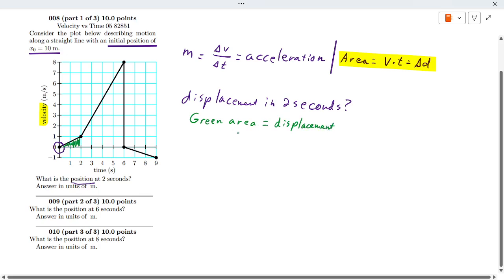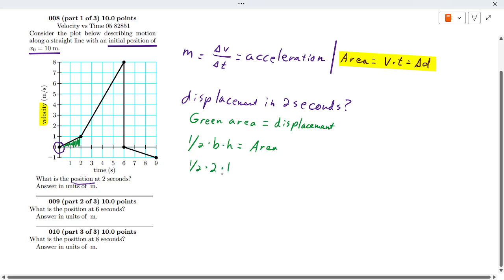Now that's in the shape of a triangle. The area of a triangle is 1/2 times the base length times the height. So in this case, 1/2 times our base length of 2 and our height of 1.